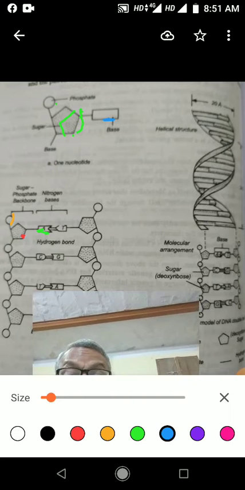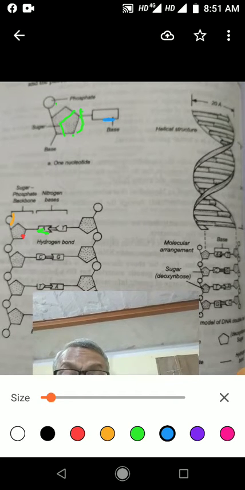There are four nitrogenous bases: adenine, guanine, cytosine, thymine. So there are four nucleotides in the DNA. Why are there four nucleotides?